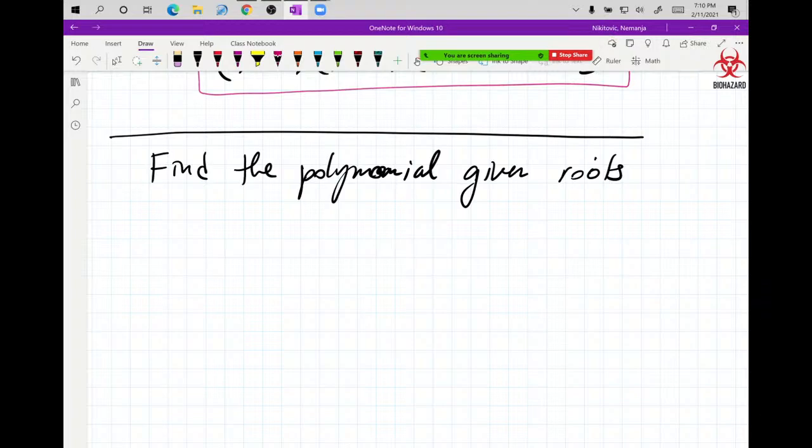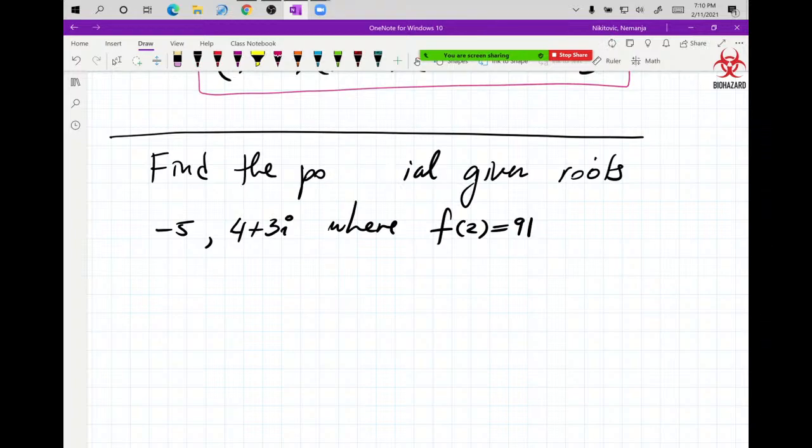I looked at the wrong thing. Roots 5 and 4 plus 3i, where f of 2 is 91. So find the polynomial given roots 5 and 4 plus 3i where f of 2 equals 91.